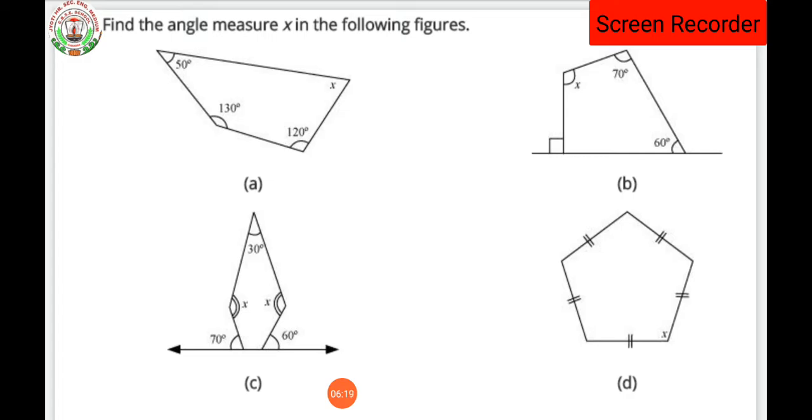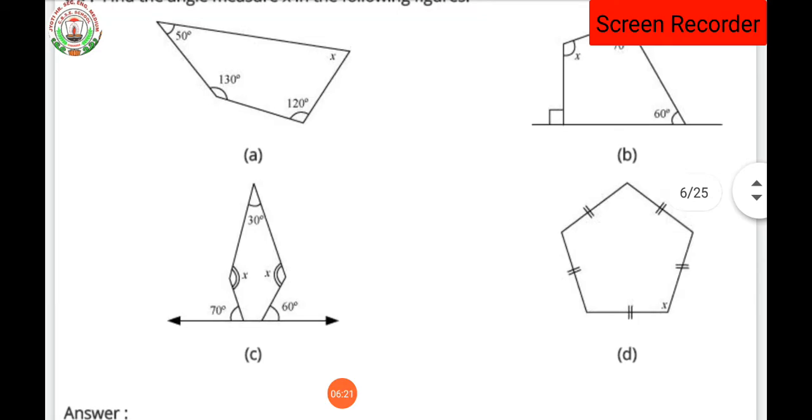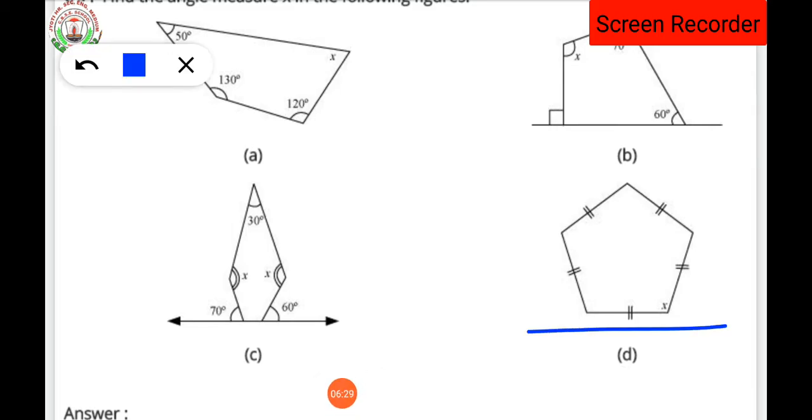Similarly, in questions C and D we have to do the same. Which shape is in the D part of the figure? This shape is a pentagon, and as we know a pentagon is a polygon having equal sides. We have these two marks on the lines in the figure, which means every side is of equal measurement.